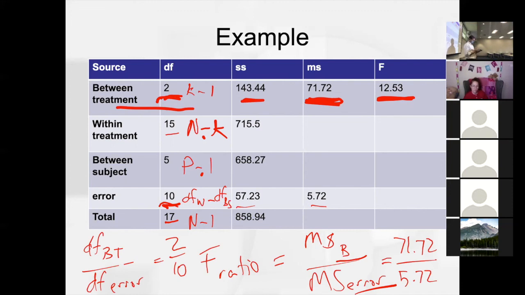And then the total is a byproduct of knowing the between and within, right? If you've already calculated the within and you calculate the total, you can just get the between, or if you have the within and the between, you can just add them together to get that total. Okay. Thank you.